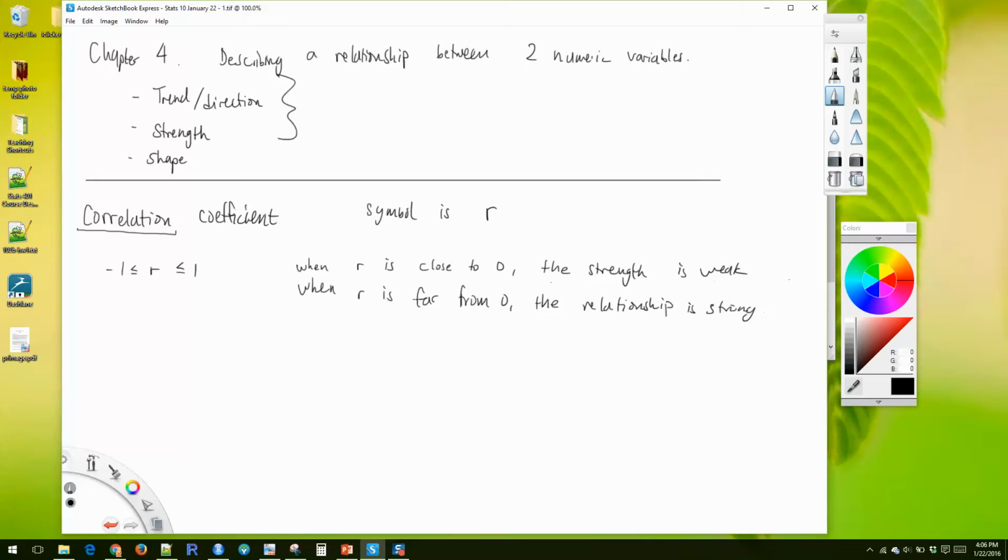And if R is positive, then the direction is positive. And if R is negative, then the direction is negative.